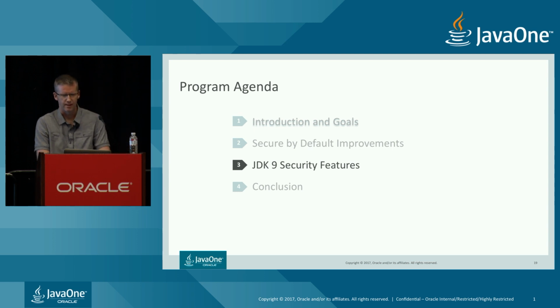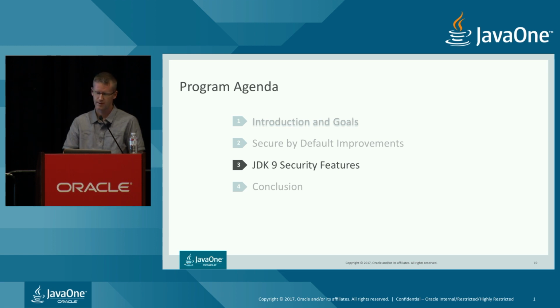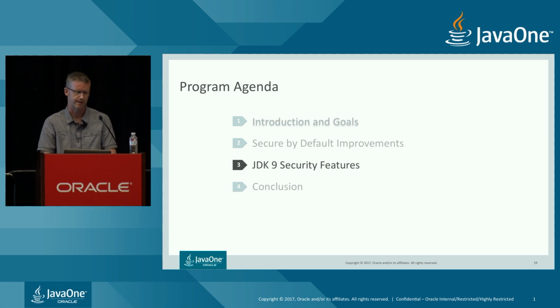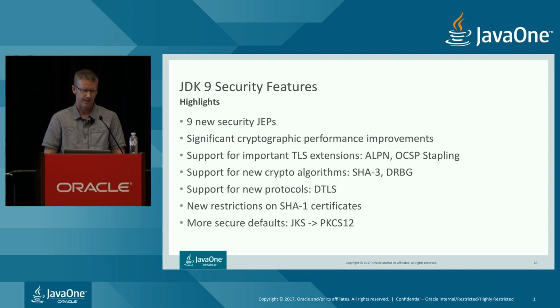Okay, that brings me to my next topic, which is to tell you about some of the exciting new security features in the just released JDK 9. So highlights, there are 9 new security JEPs in JDK 9. Overall, you can see significant cryptographic performance improvements, support for important new TLS extensions, ALPN, OCSP Stapling.